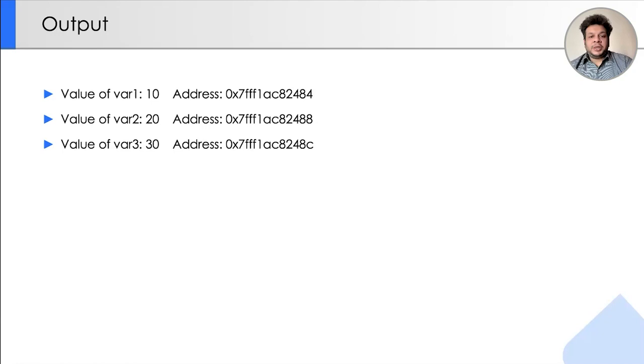If it is showcased on my system, on your system it will be quite different, because every system has different machine addresses. So the output for values will remain the same, like 10, 20, and 30, but addresses will definitely vary from system to system. So this is the way we can create an array of pointers.